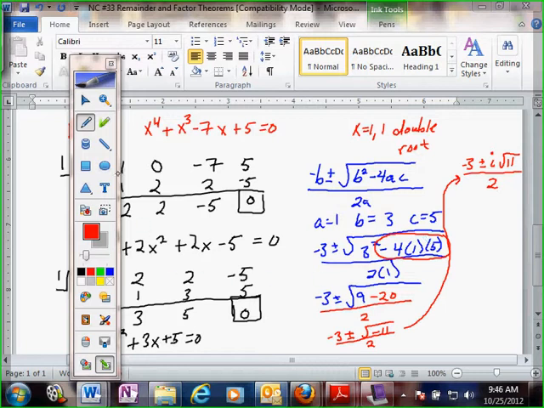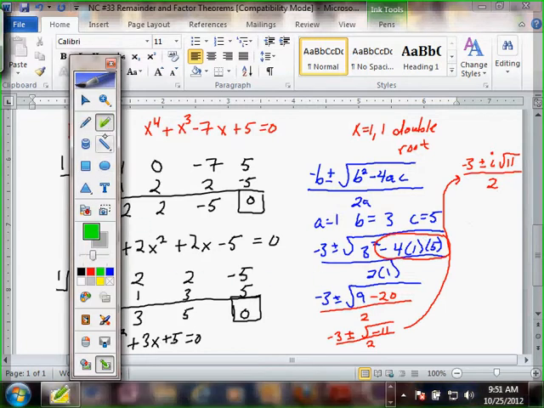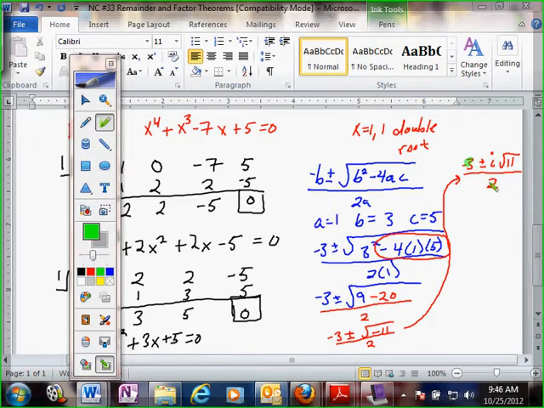Now at this point, this radical you can't simplify any further. 11 is prime. But I would look at this number, and the number in front of the radical, which in this case is 1, and see if there is some type of common factor other than 1 that I could divide and simplify by. I cannot here. I am done.